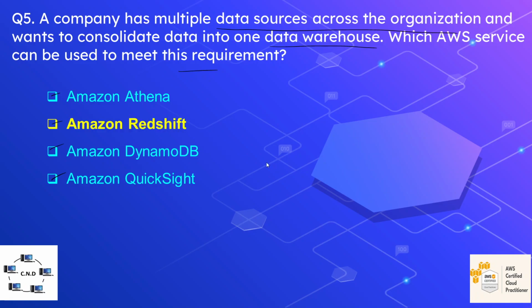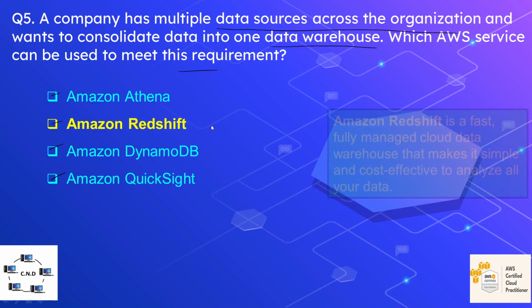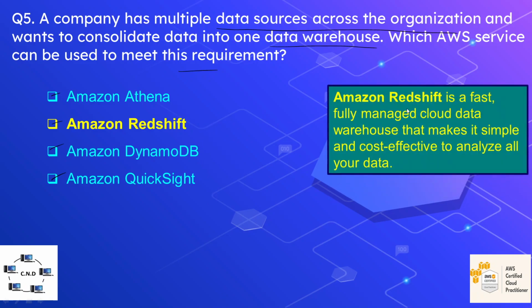And the correct option is Amazon Redshift. What is Amazon Redshift? Amazon Redshift is a fast, fully managed cloud data warehouse that makes it simple and cost effective to analyze all your data.